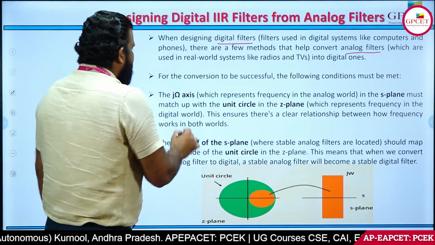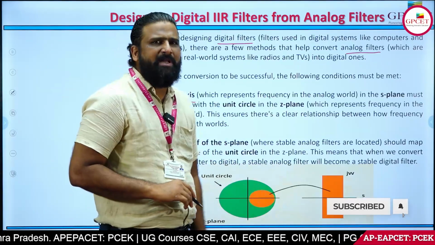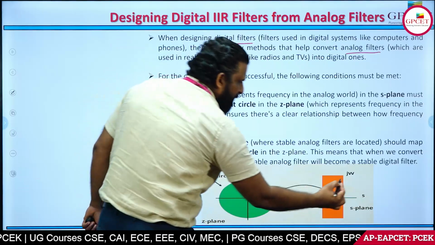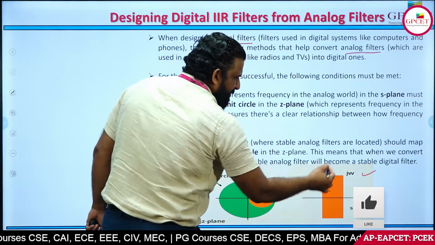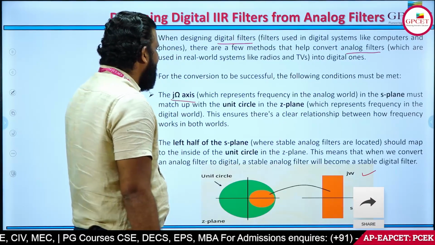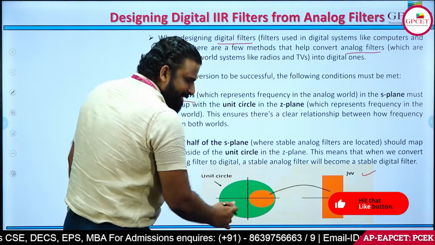The first one is the j omega axis, which represents the frequency in the analog world. Observe this diagram: the j omega axis in the S plane must match up with the unit circle in the Z plane. So we have two planes, the S plane and the Z plane. Whatever is present in the S plane should match with the unit circle in the Z plane.